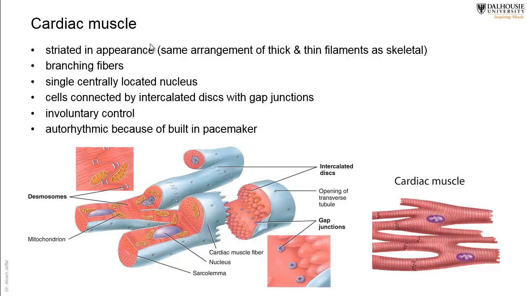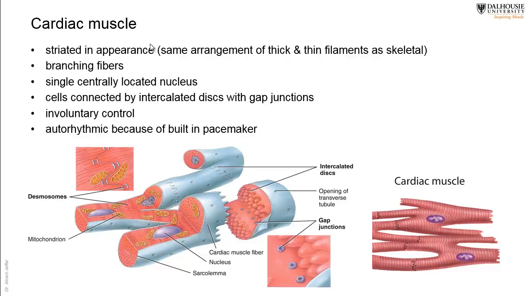The desmosomes will connect the cardiac muscle cells together, and the gap junctions will allow communication between these cells. So the cells together act as a network, because there are gap junctions communicating signals between the cells, and the cardiac muscle cells act as what they call a syncytium, or network, because of the presence of these gap junctions.